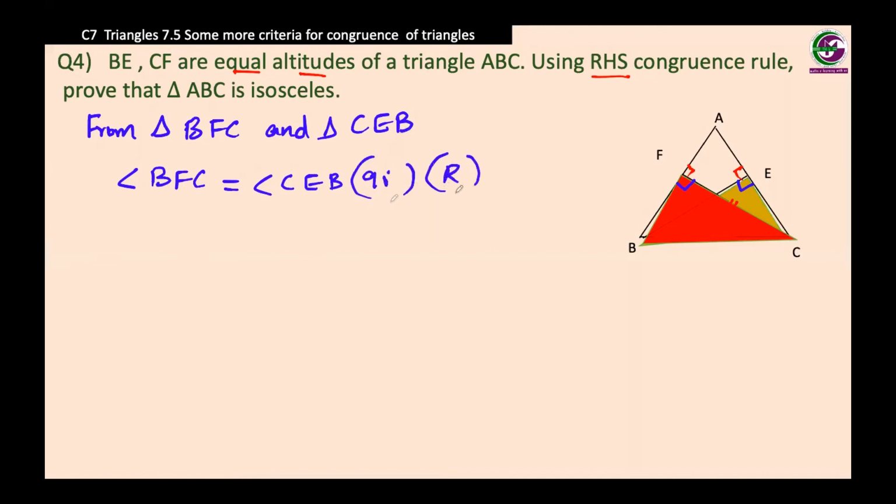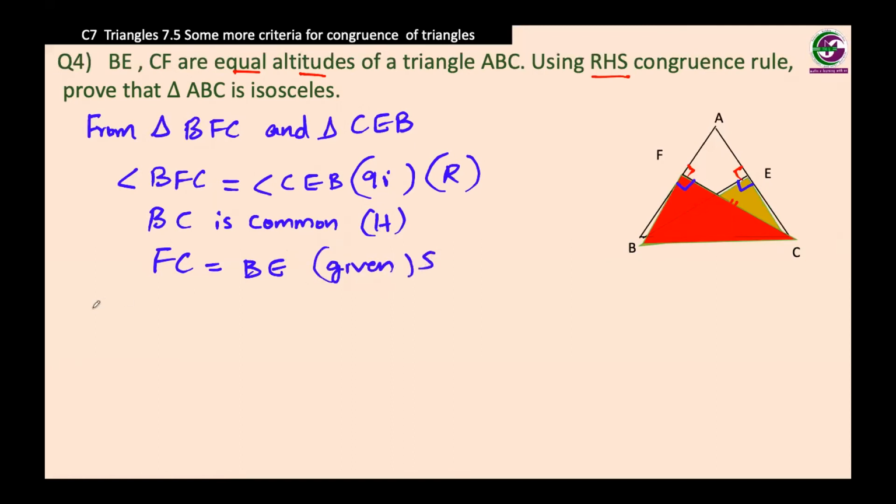So right angle. BC is common, which means we have the hypotenuses equal, and the altitudes are equal. That is FC is equal to BE, which is given.